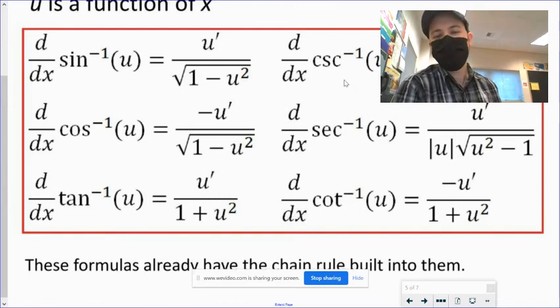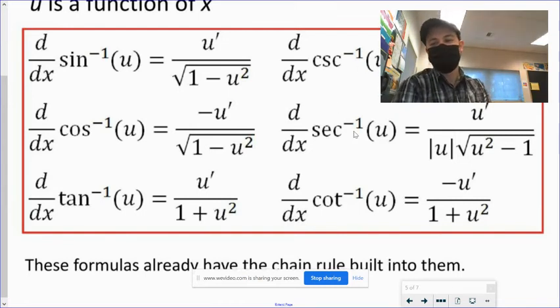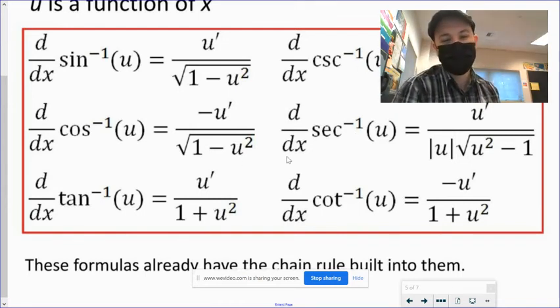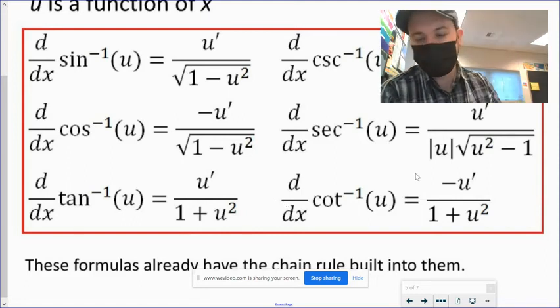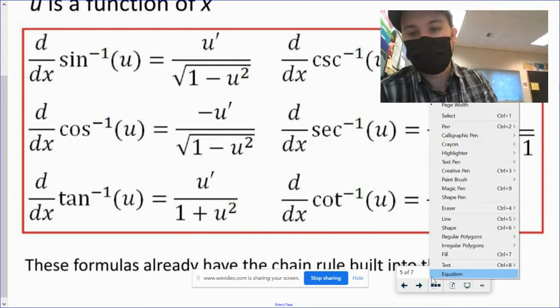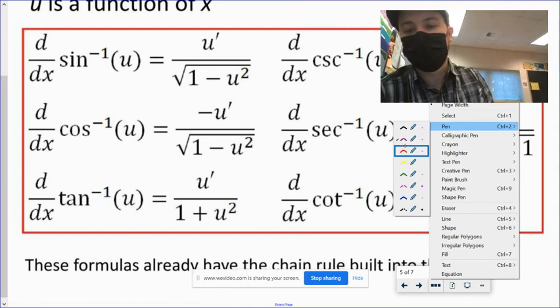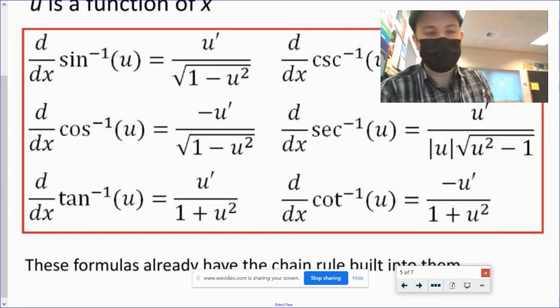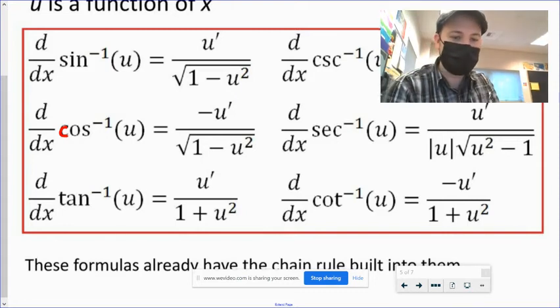Yeah, I could see how cosecant and secant both look a little like extra. I guess one thing I'll point out while we're here is the use of the negatives carries over from when we were doing this work with not the inverse functions, but just the original.